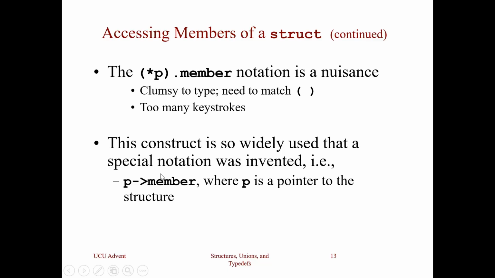For instance, you just use this notation pointing to the member that you're trying to access, where P is the pointer to the structure. So instead of using this notation here, it is better to use this notation if you're using a pointer to point to a structure.